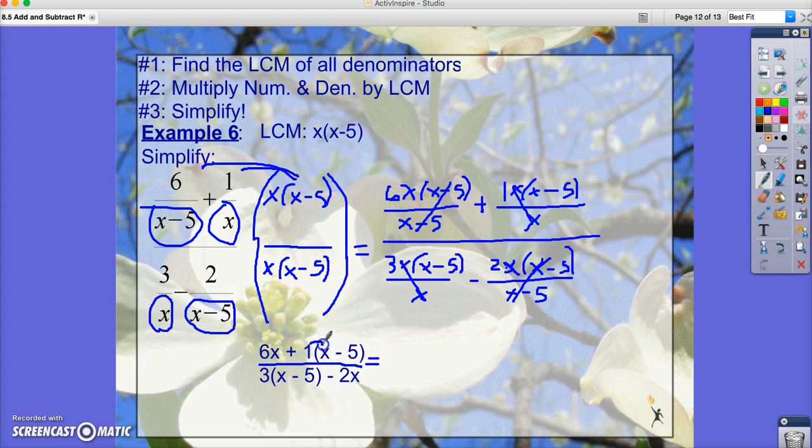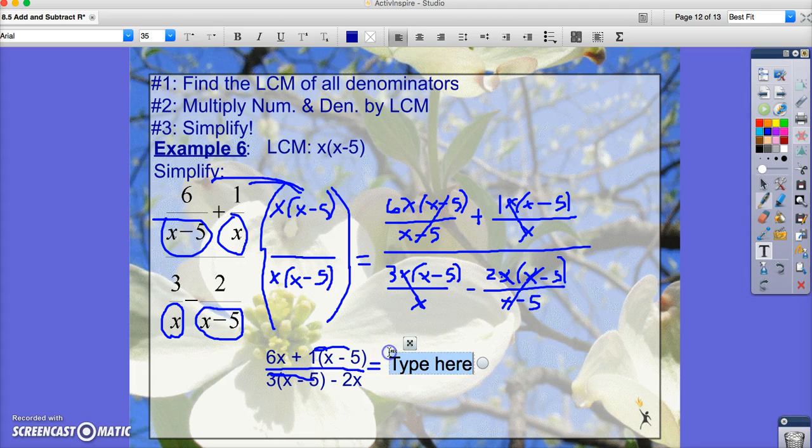Now from here, I'll distribute the 1. I'll distribute the 3 as well. So let's see what I get next. So I get 6x plus x minus 5, because when I distribute the 1, it's just itself, right? Over 3x minus 15 minus 2x.